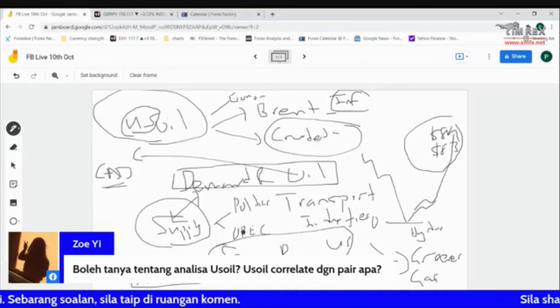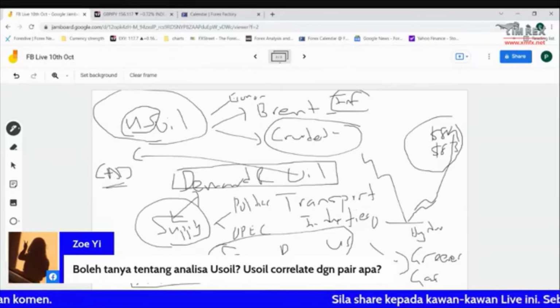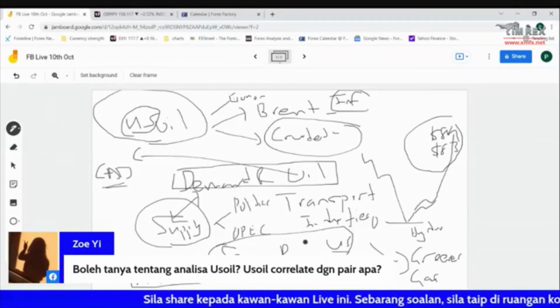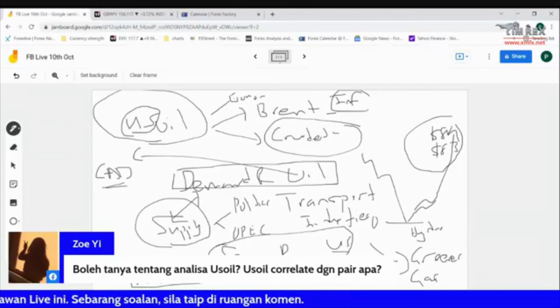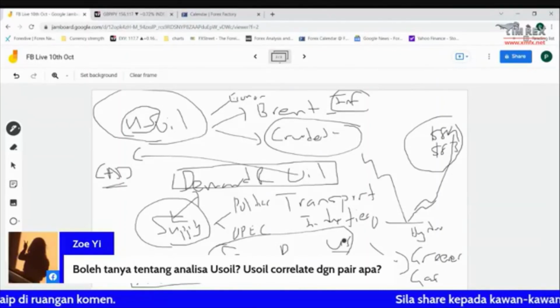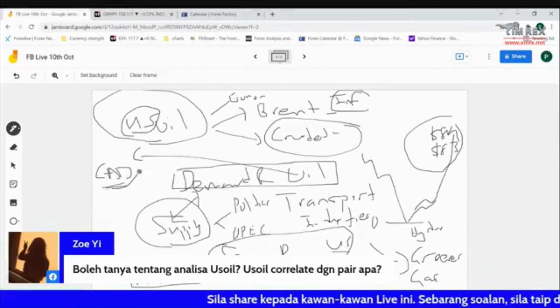Although most of the time during OPEC, the ones involved will be Saudi Arabia, Russia, the US, as well as Iran, UAE, all the Middle East countries, and maybe some South American countries like Brazil, but they are very minor partners. But the currency that we normally correlate is Canada.